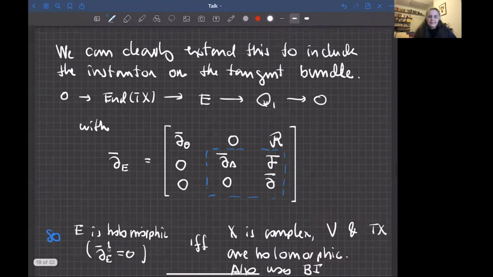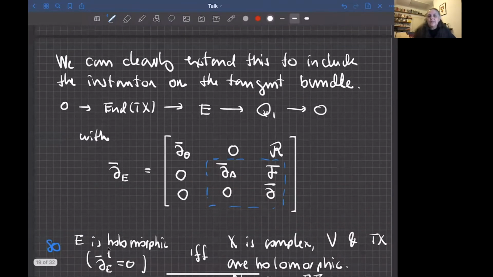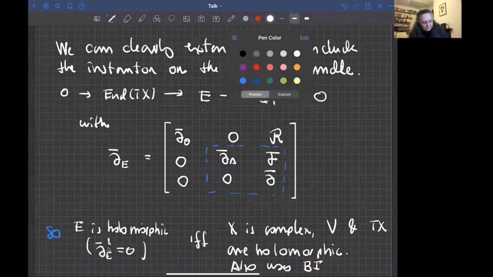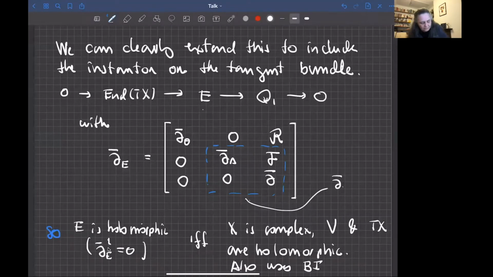So, having said this, now we can extend this to include the instanton on the tangent bundle, right? So we have a holomorphic structure on the tangent bundle of X. So we define another extension bundle in which we extend the Q1 by the endomorphisms of the tangent bundle, and the holomorphic structure now contains a covariant derivative with respect to the connection on the tangent bundle, and this is what we have called delta 1 before, right?